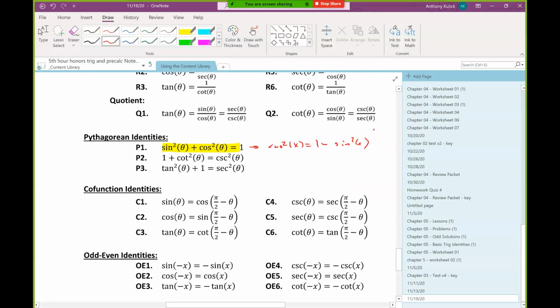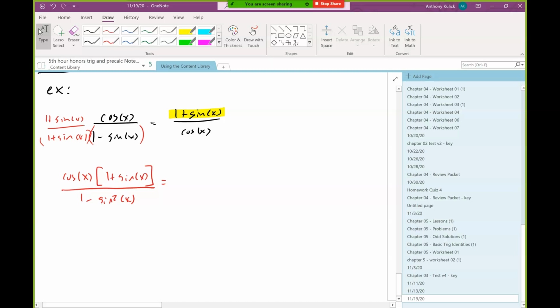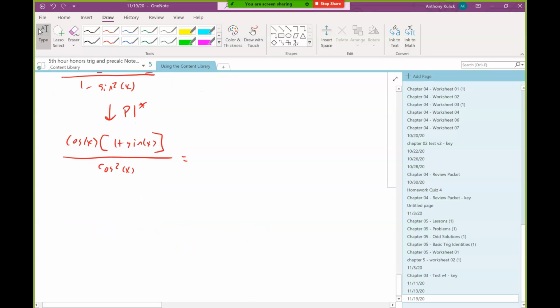So I can replace the denominator in my problem with just cosine squared. That's a modified version of P1, so I'm going to call that P1 star. The star just indicates that I rearranged P1 a little bit in order to use it.